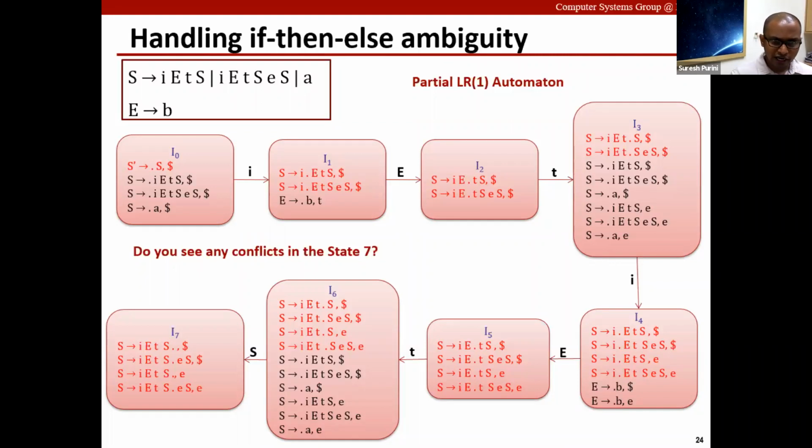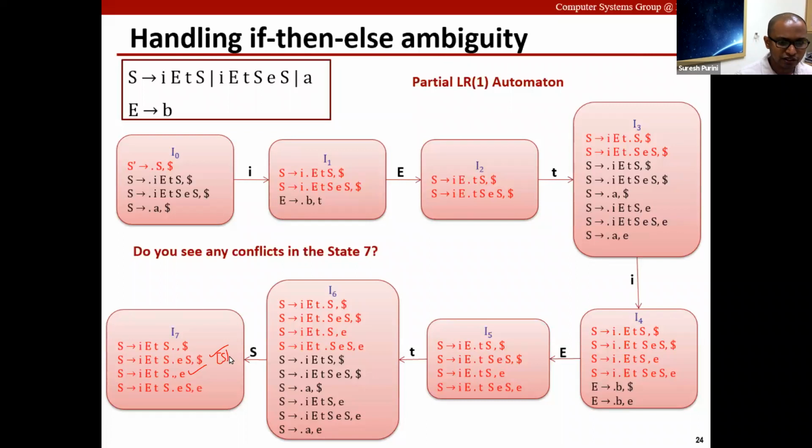So in order to understand this ambiguity, if you go and look at state 7, you can see that if the next input symbol is else, then if E stands for else, this LR1 item says apply a reduction, and this LR1 item says apply a shift operation.